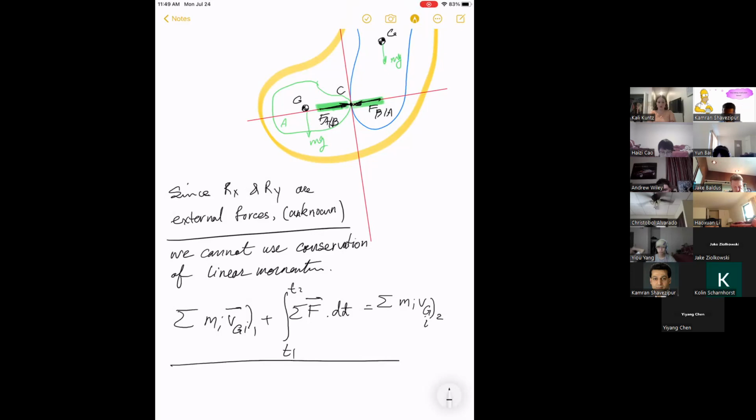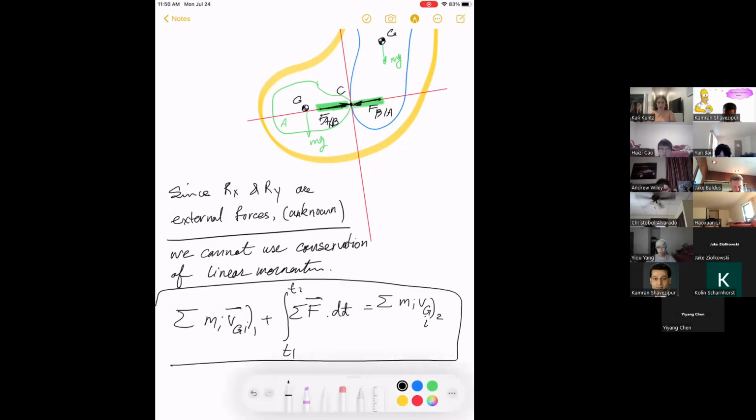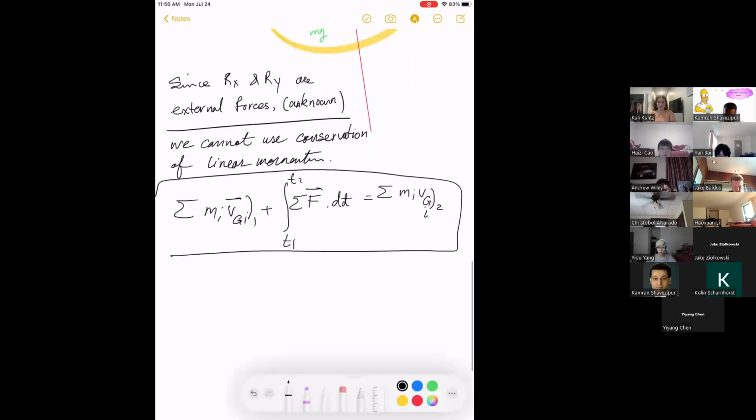If I write this equation, this term is not 0. Okay? So we cannot use this. What else do we have to do? Look at here.